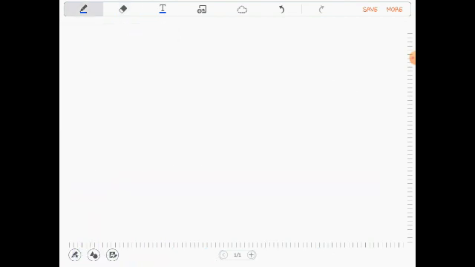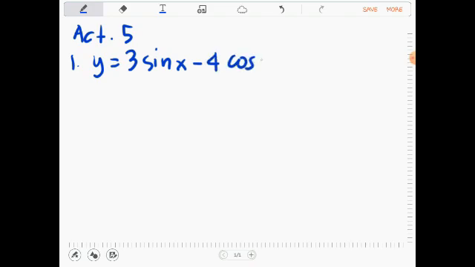So, ano pa ba? Ngayon, sagutan natin yung ating activity. Okay, for our activity 5 yata yun. For number 1, we have y is equals to 3 sine of x minus 4 cosine of x.